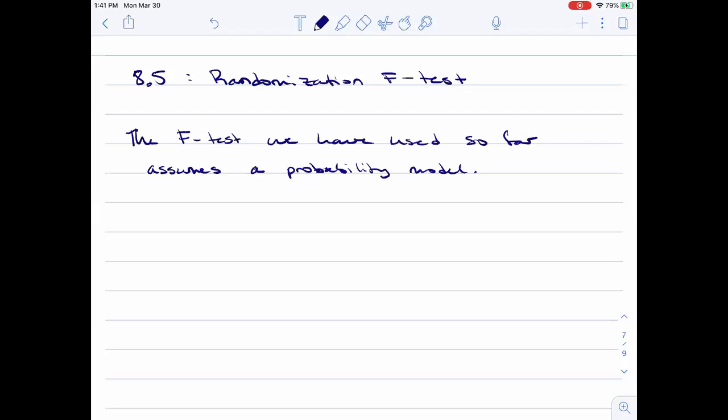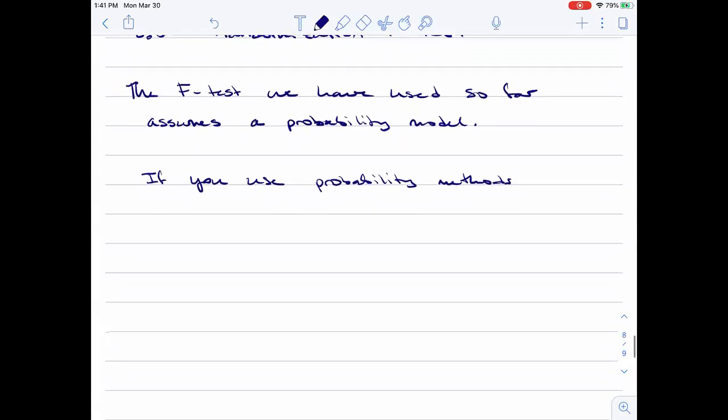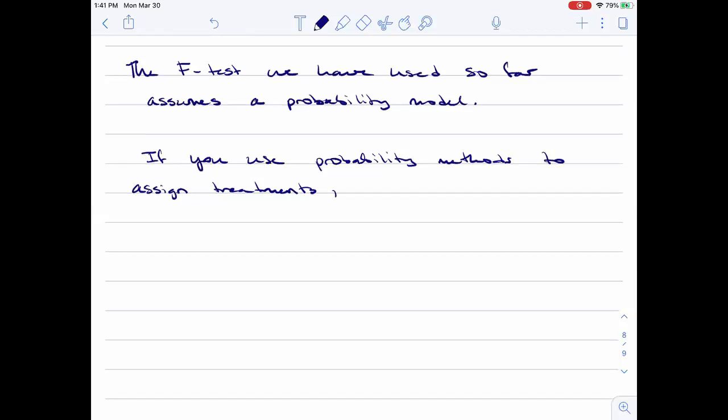If you use probability methods to assign the treatments, some sort of random assignment of the treatments, you automatically get a built-in probability model to use for inference.